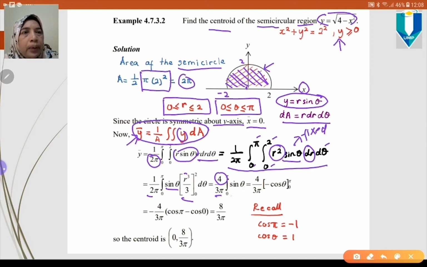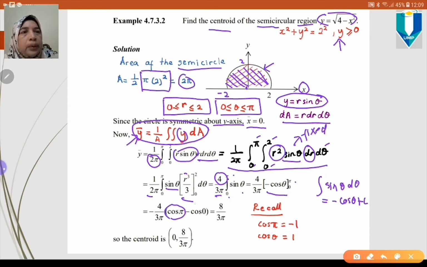And then you integrate sine theta from 0 until pi. Remember, integrating sine theta with respect to theta gives minus cos theta. Okay, so you then substitute values in. The upper limit is pi, so you get cos pi here.